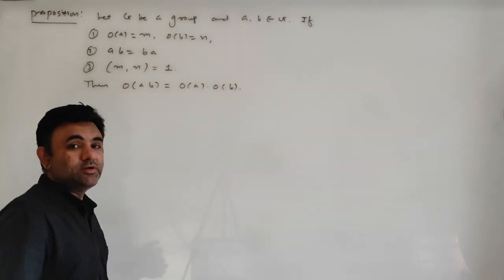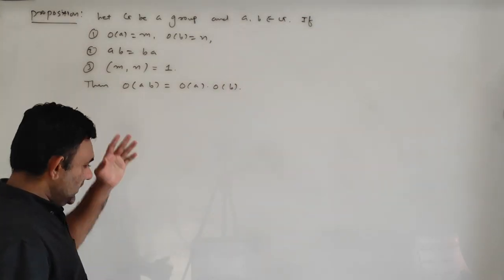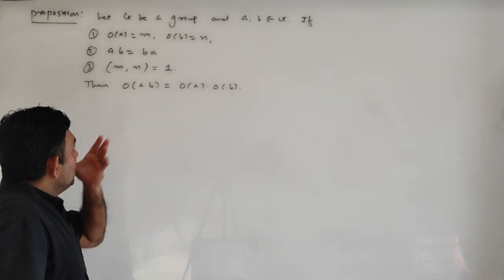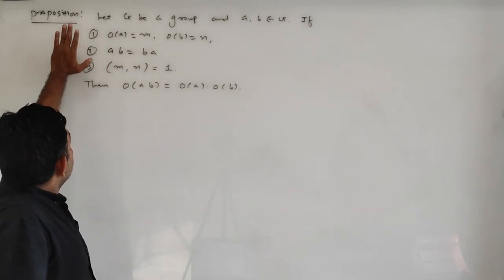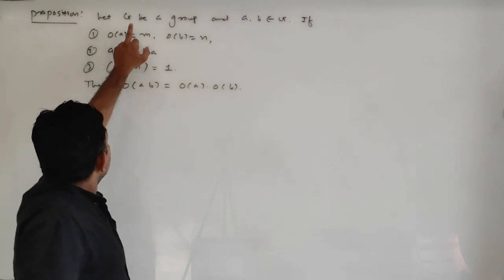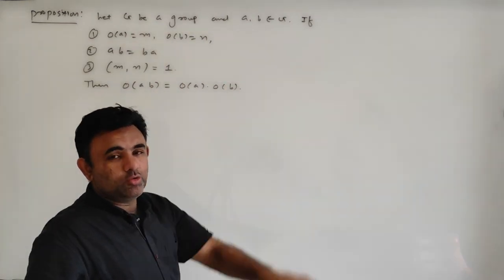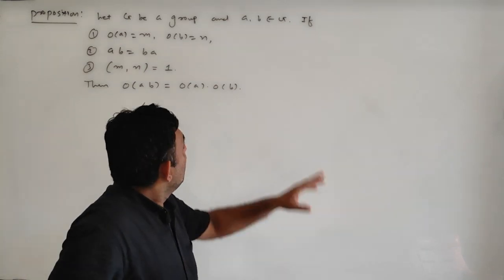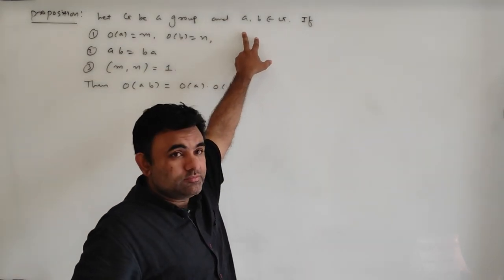So we have this result, and we will prove this result. Okay, so what is the meaning of this proposition? See, G is a group, any group, finite, infinite, abelian, non-abelian, there is no restriction on the group. Now we start with two elements.